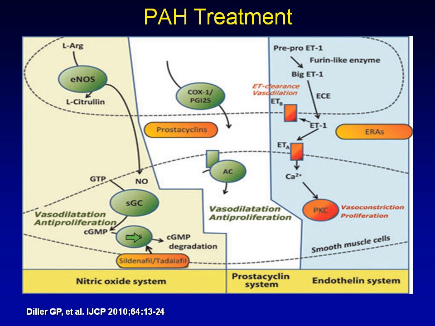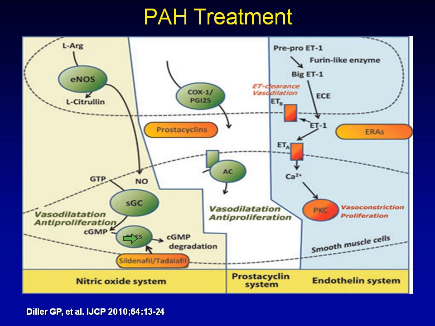It blocks this enzyme and then increases cyclic GMP, and that's Revatio. And then later on, Cialis or tadalafil was studied, and it was a longer-acting drug, but had a similar blocking effect on PDE5.